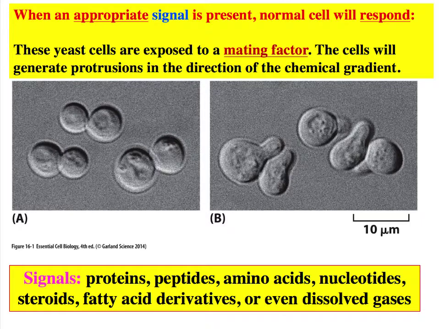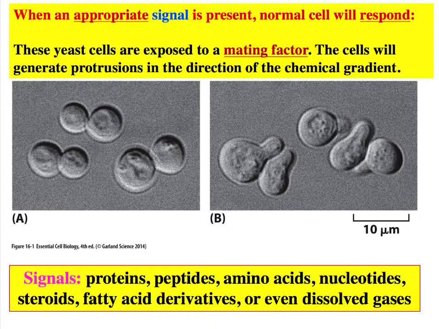So regardless of whether you are a multicellular creature or you are a single-celled creature, you will have on your surface or inside your cells receptors, and those receptors will receive signals in the form of many different types of substances. And once those signals are received, they will change the behavior of that cell. That's the essence of this entire chapter.